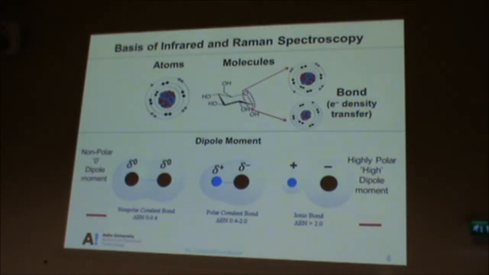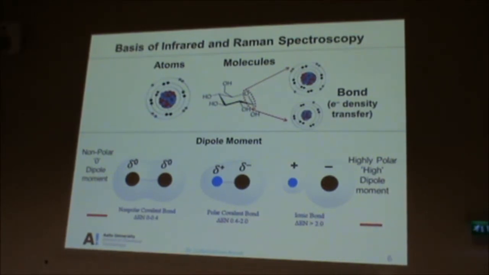For example, let's take these two atoms. If this atom receives a lot of electron density from here, this atom is losing electron density, so it gains a partial positive charge, and this one gains a partial negative charge because it's gaining electron density.